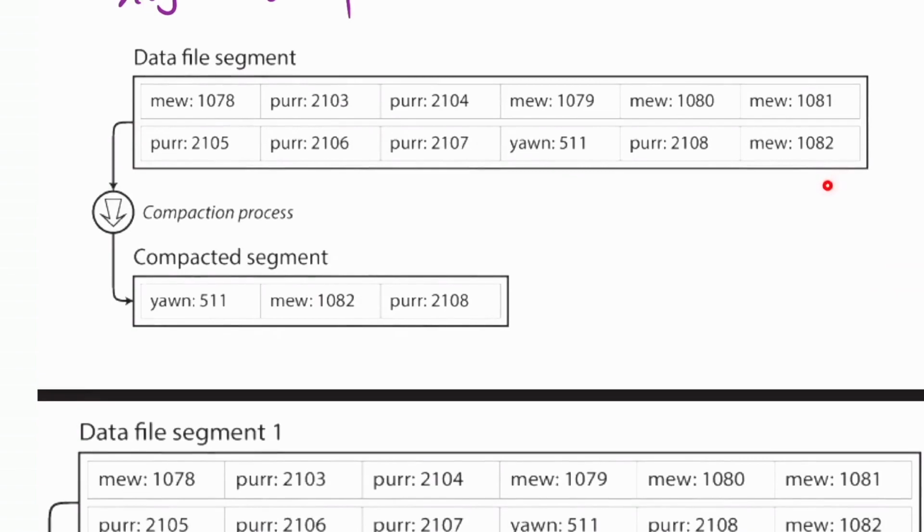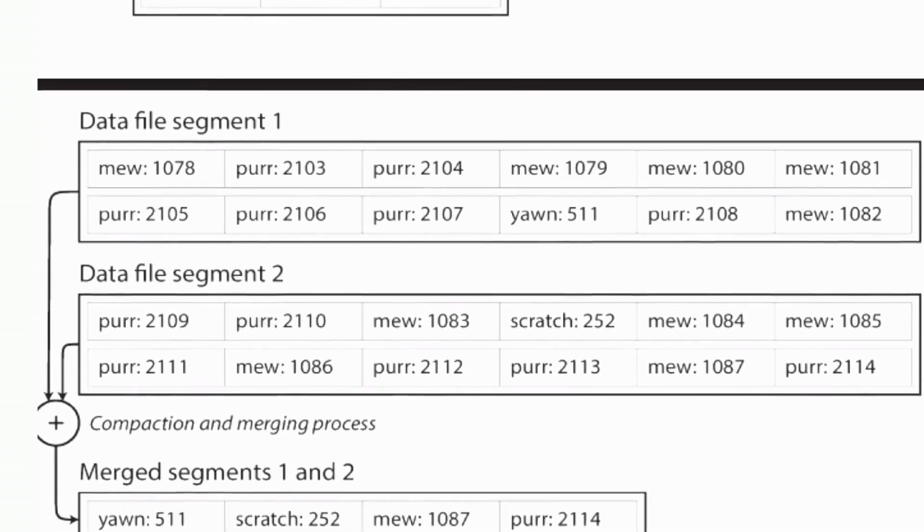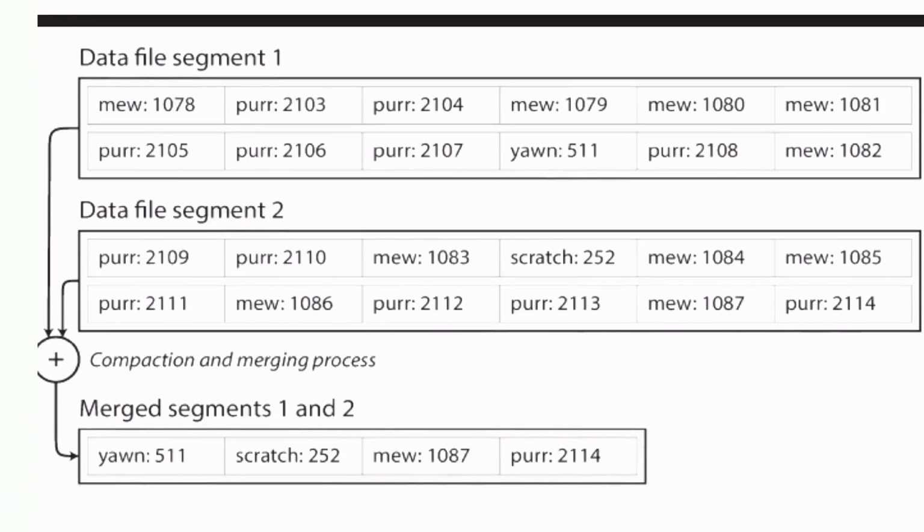Compaction is essentially taking a file, removing all the duplicates, and creating one compacted file where all the duplicates are removed. Merging is taking two compacted files and then merging them to ensure that all the duplicates have been removed. Correct? So when this is done, you reclaim all the wasted space, and you get a smaller file which you can search.